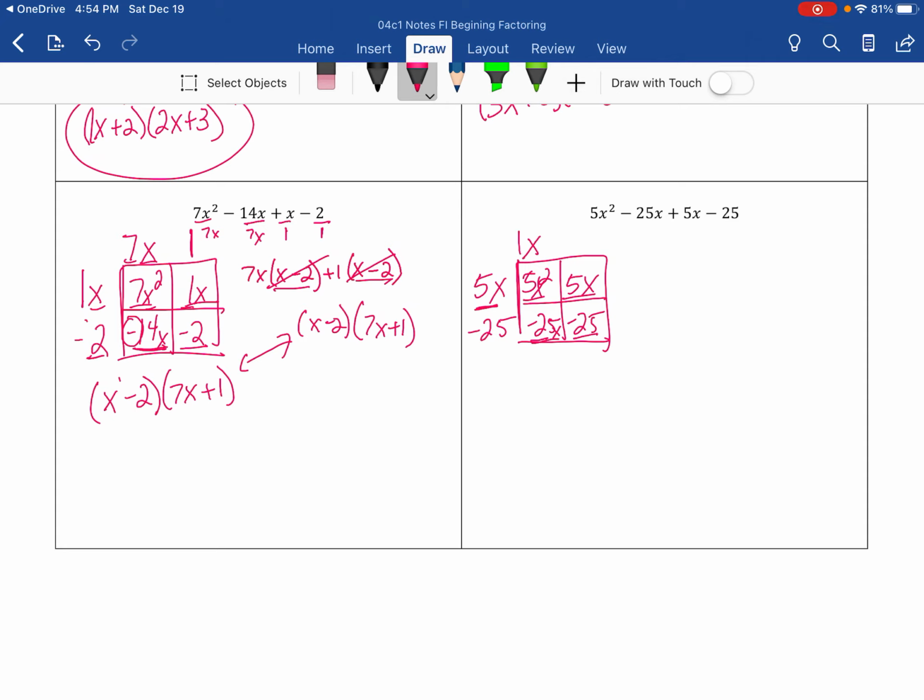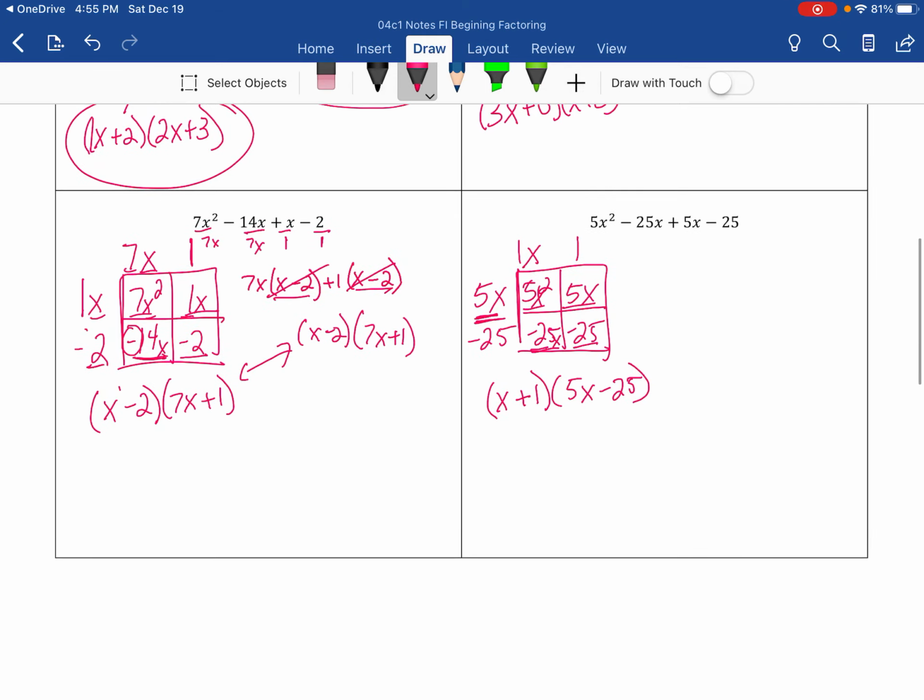Five x times 1x is 5x squared. 5x times 1 is 5x. So my factored form is going to be x plus 1 times 5x minus 25. And that's one way to do it.